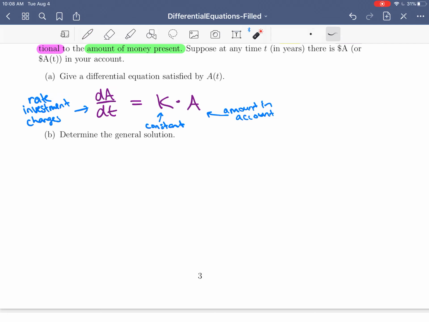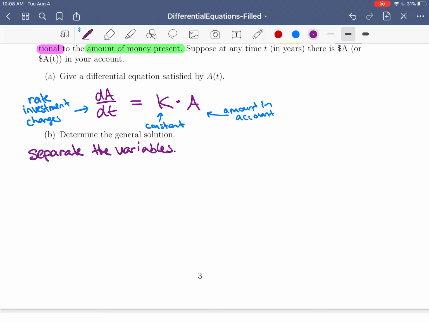It's just a number. Treat it like a number. You might think that there's only one variable on this side, but that variable is A, not t. So we want to separate the variables here. To find the general solution, we're going to separate the variables.